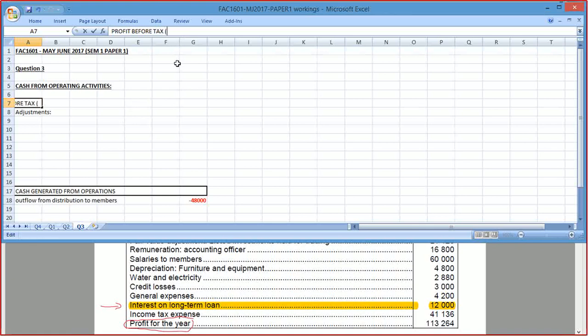I need to add back the tax, right? Yes, you do. So it's profit for the year, 113264. Add back the tax gives me the profit before tax, not so? Yes.